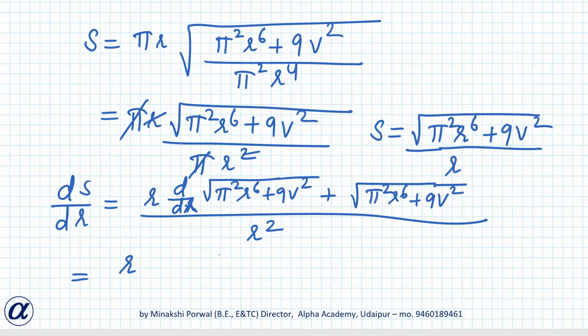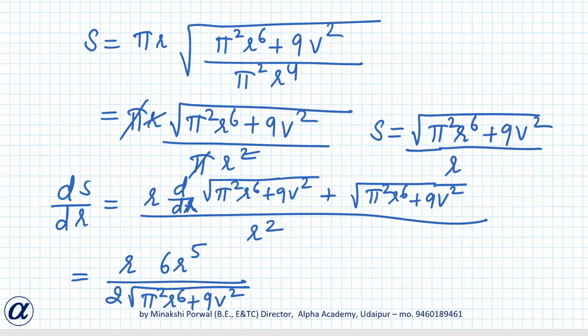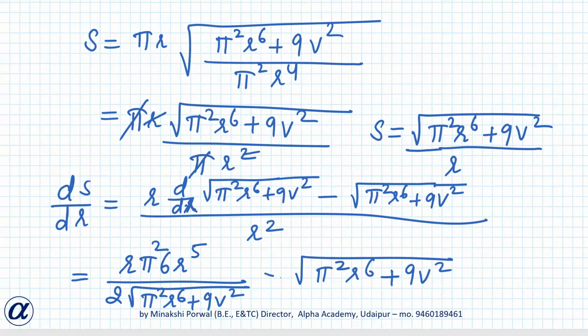So it will be r into 1/2 under root of pi square r to the power 6 plus 9V square into d by dr of this, that is 6 r to the power 5 into pi square, minus under root of pi square r to the power 6 plus 9V square, whole upon r square.